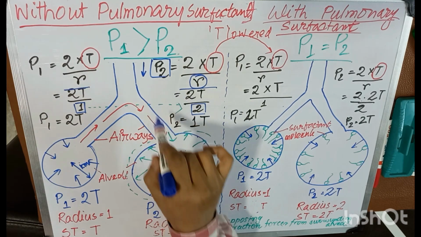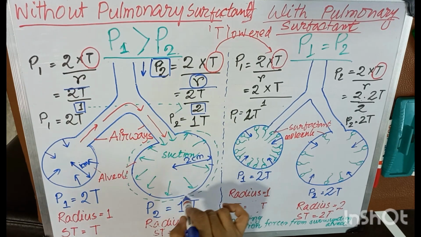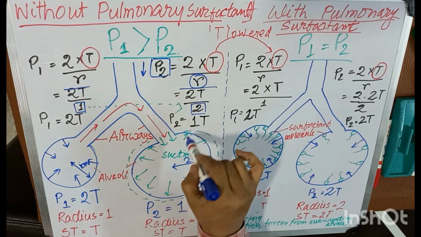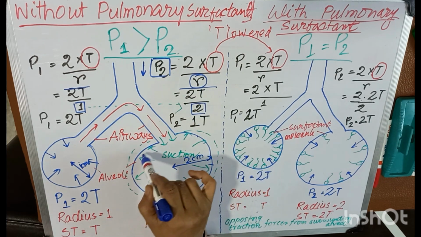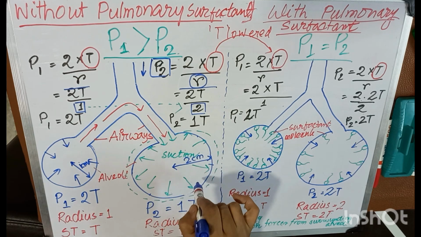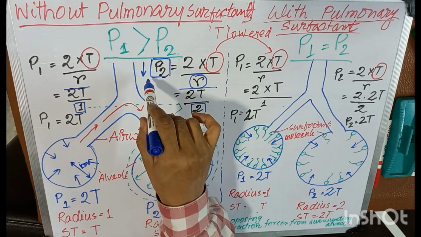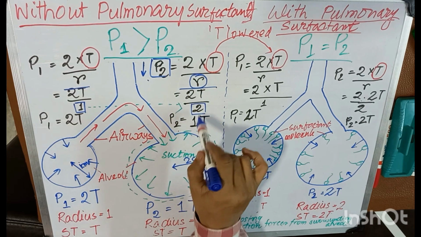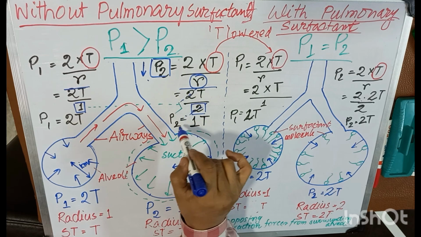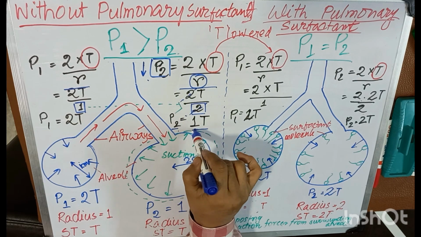So this alveolus, which has a greater volume because of the increase in radius, now has a lower pressure: the 2 and 2 cancel out, so P2 is now 1T.